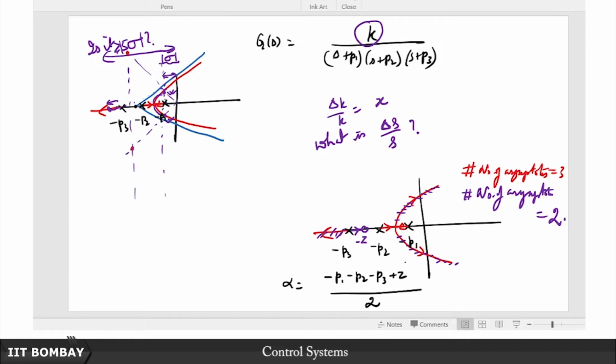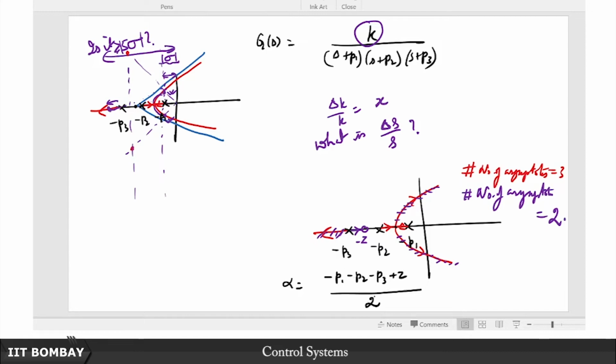The fact that the centroid has changed, it might move to the left, it might move to the right, most likely it will move to the left, depending on some realistic values. But of course, you might choose your 0 to be far to the left, in which case your centroid will actually shift to the right. Your original centroid was here, but now your actual centroid with the compensated system, with the addition of a 0, will shift. Now how it will shift will depend on which term is affected more.